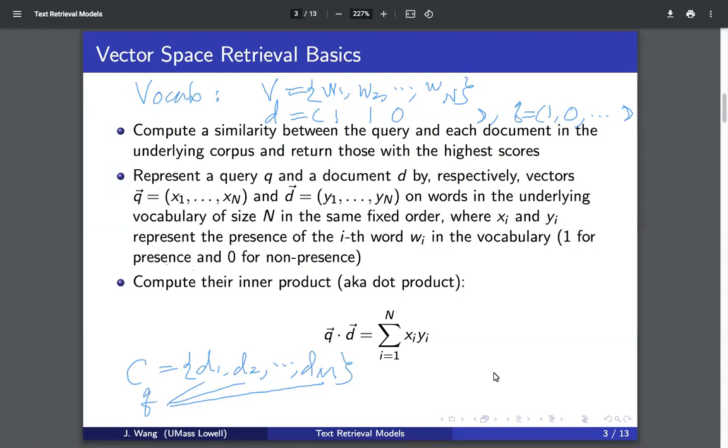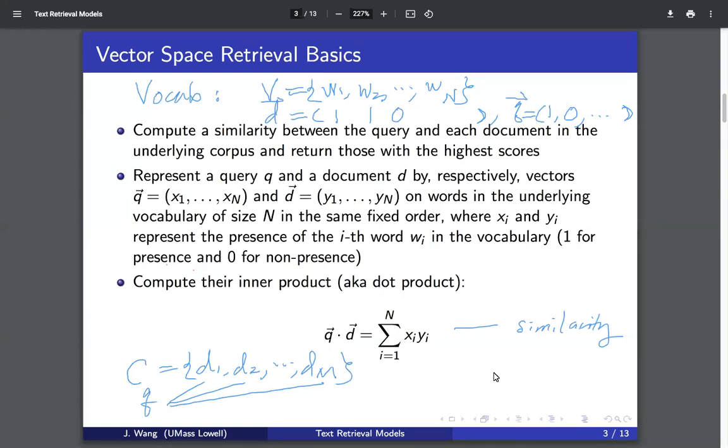So this is called the similarity. The easiest measure of similarity is a dot product, because after we represent the document and query as vectors, and sometimes we put an arrow on top to indicate it is a vector, otherwise it would be a set of words.